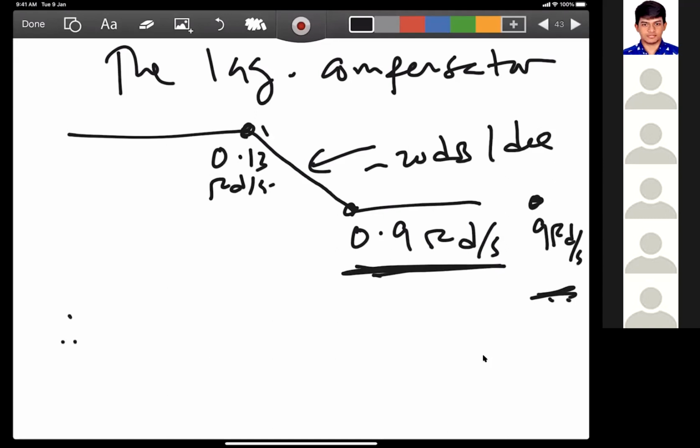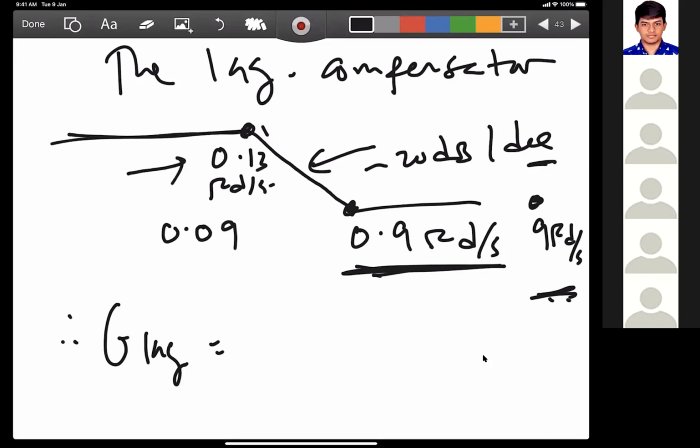So you find the G lag. How do we get that 0.13? Roughly, this one is 0.9. So one decade of 0.9 is about 0.09, so you draw the straight line until there. So roughly it is 0.13.